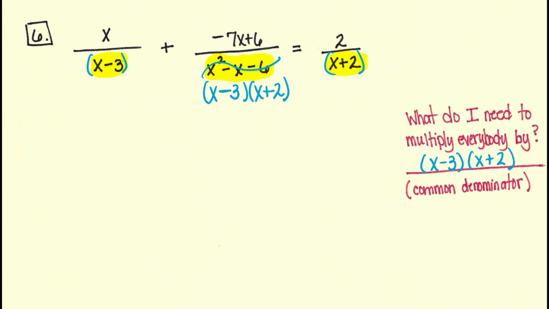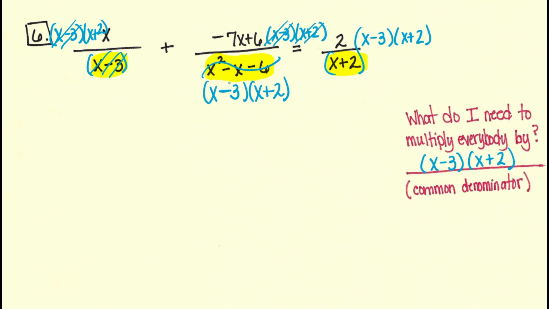Multiply that by every single person, x minus 3, x plus 2. Cancel the things that you can. The x minus 3's cancel.